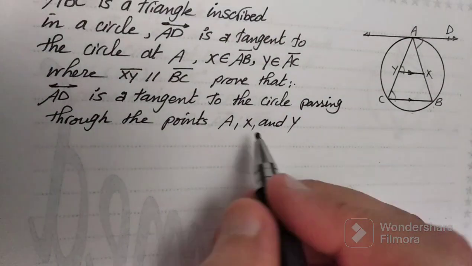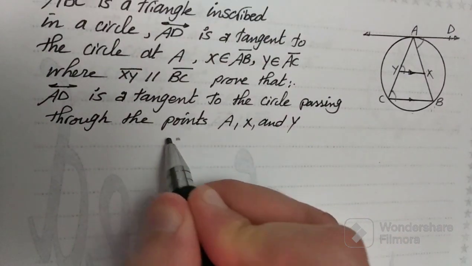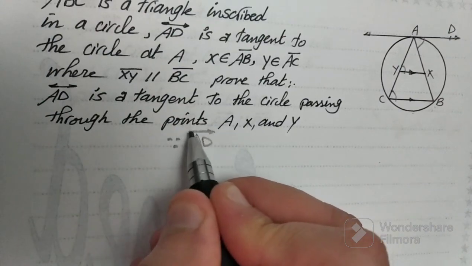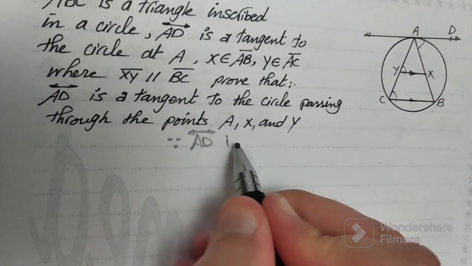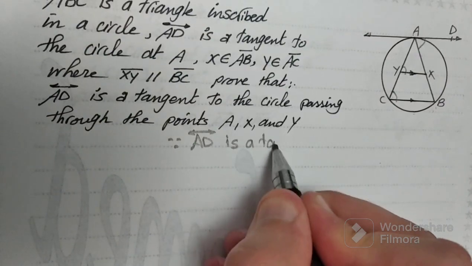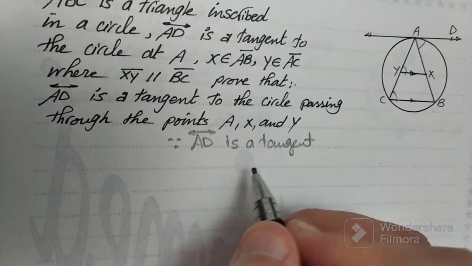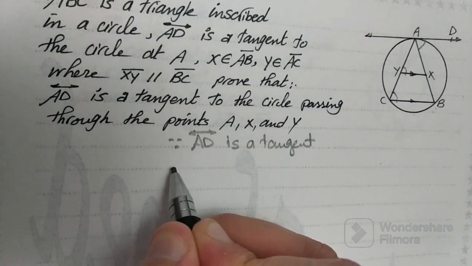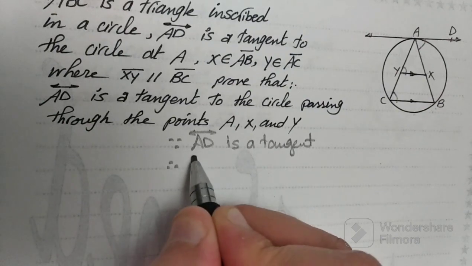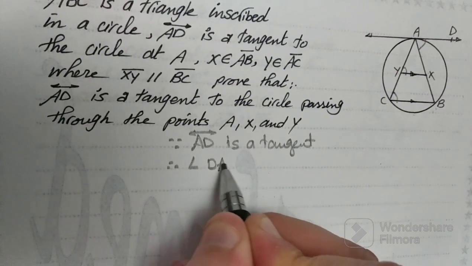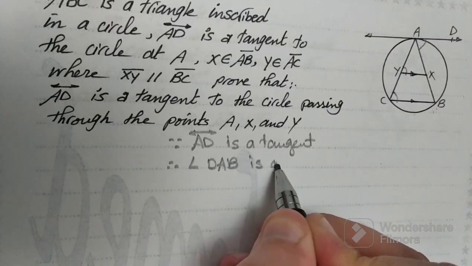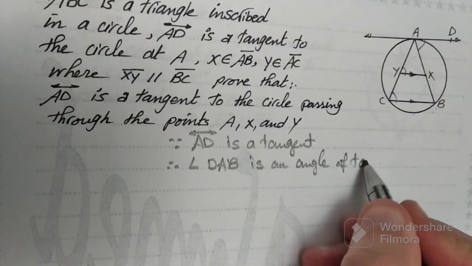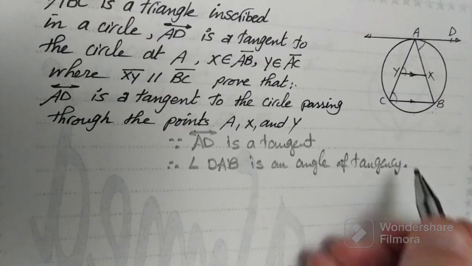To write it: since AD is a tangent, therefore angle DAB is an angle of tangency.